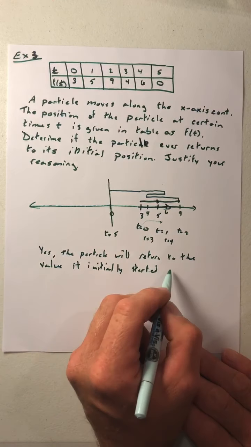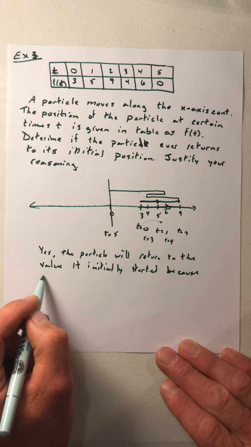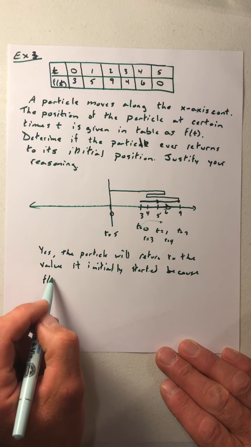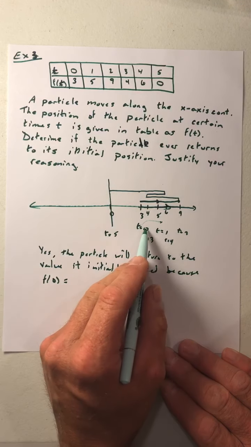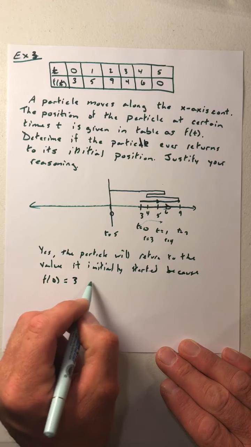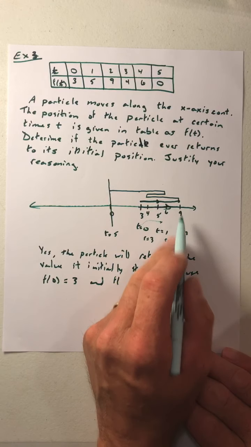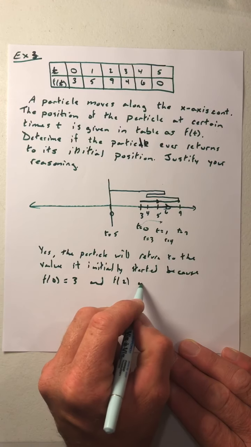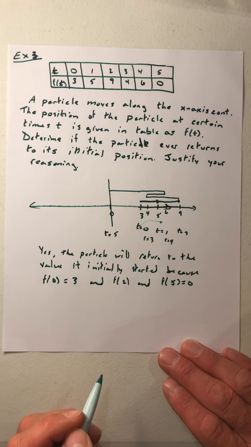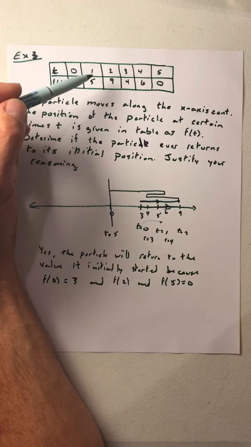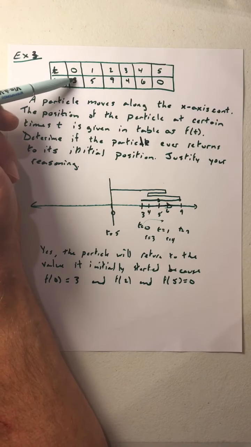And then our justification would be because f of 0 equals 3, and we know that f of 2 was 9, and f of 5 was 0. We could have done this with a lot of different things, but I know that we started at 3 at time 0.